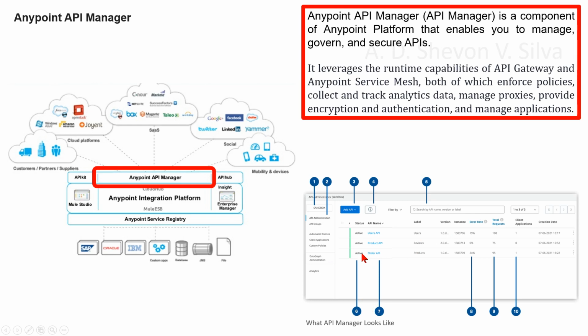Number 6, tracking the registration status of each API: active, inactive, or unregistered. The status of unregistered means that Anypoint platform has never tracked the endpoint for this API version.